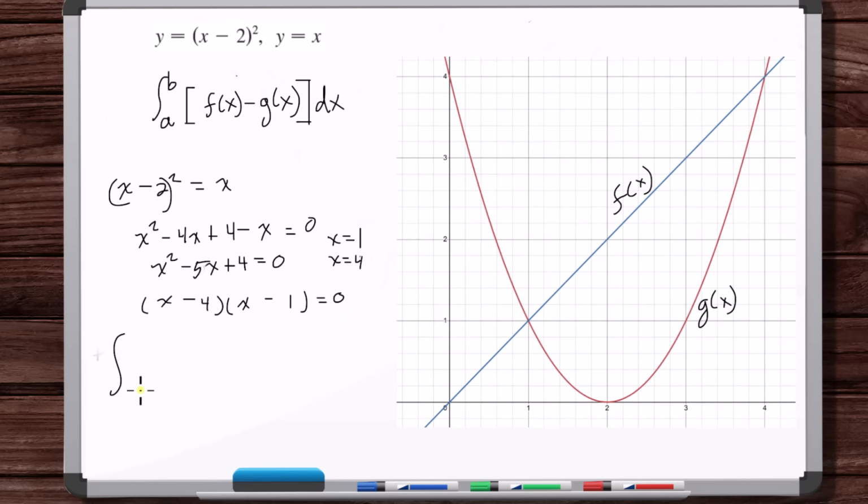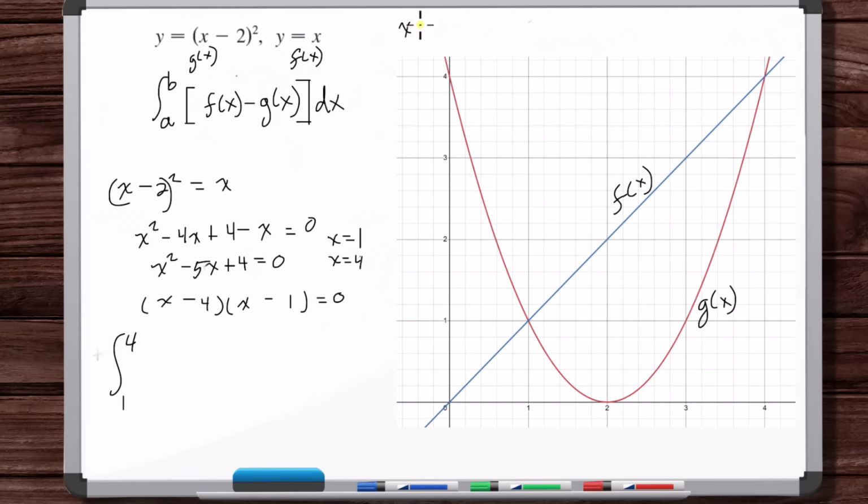We're looking to do this infinite sum of these areas going from 1 to 4, okay? And then this is f of x. This is g of x. All right, so it's going to be x minus (x minus 2) squared.